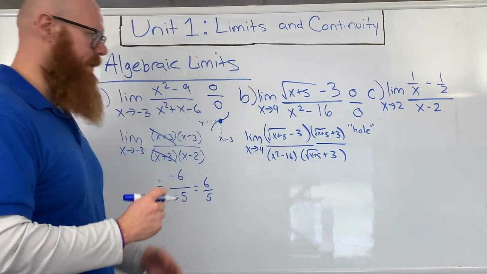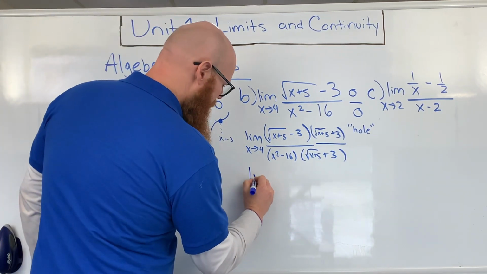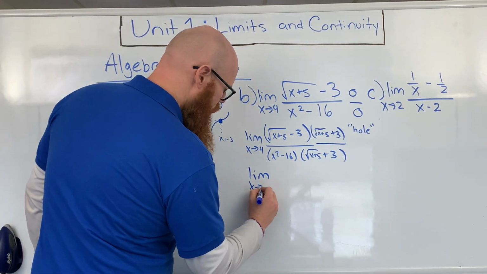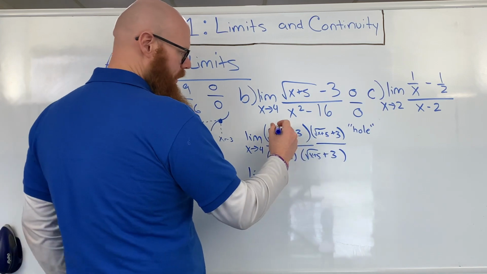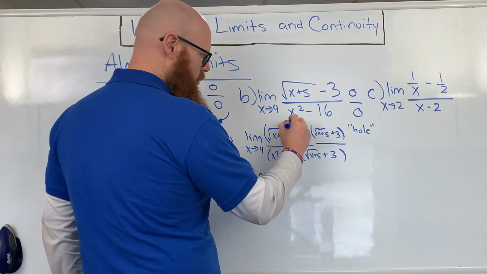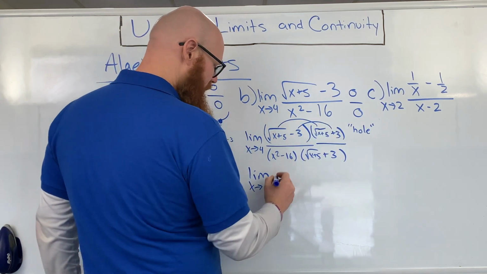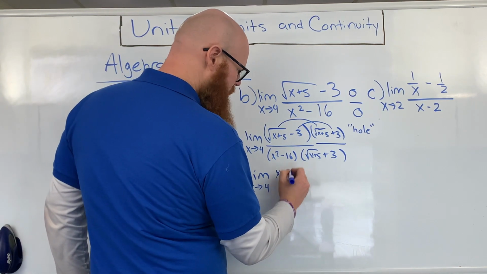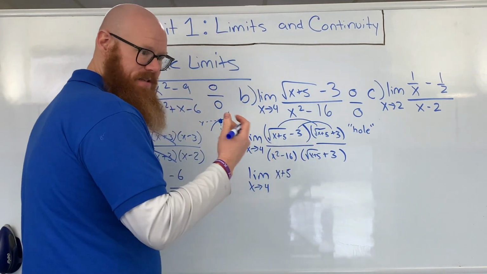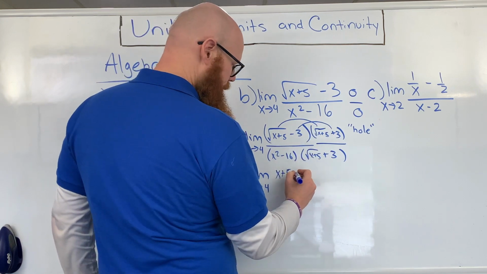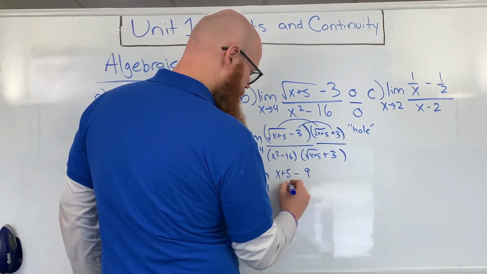So we're going to multiply top and bottom by that. In the numerator, this is just a difference of 2 squares, so all you have to do is the first and the last. So that becomes x plus 5, root x plus 5 times root x plus 5 is x plus 5, minus 3 times 3, which is 9.